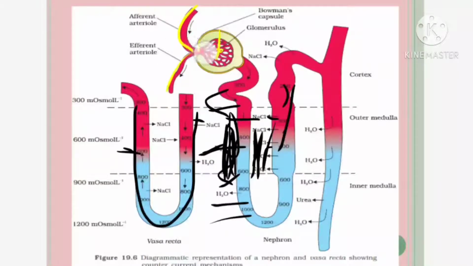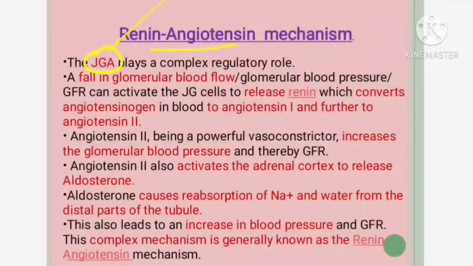Near the afferent arteriole and the glomerulus, there are special types of cells, which we call the JGA, the juxtaglomerular apparatus.